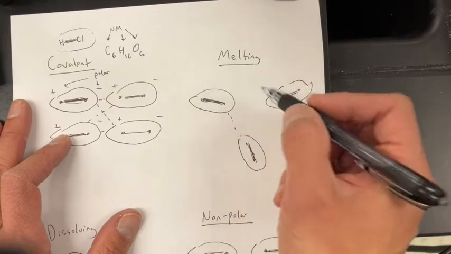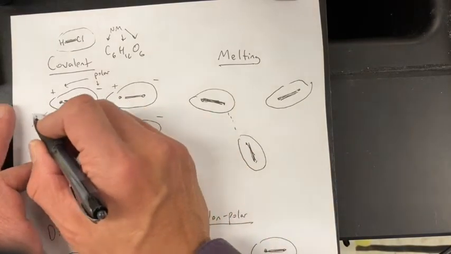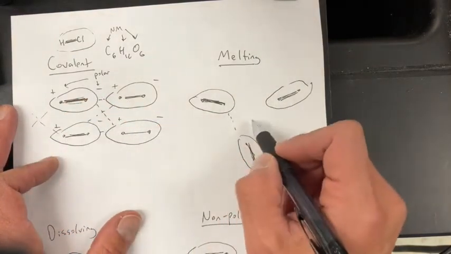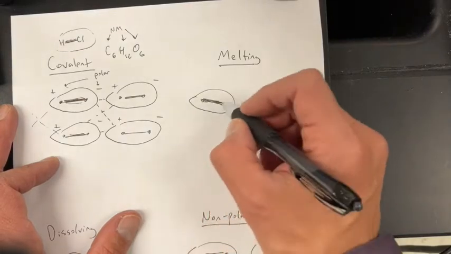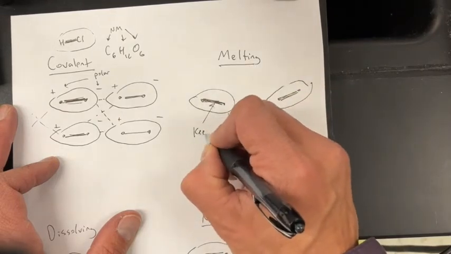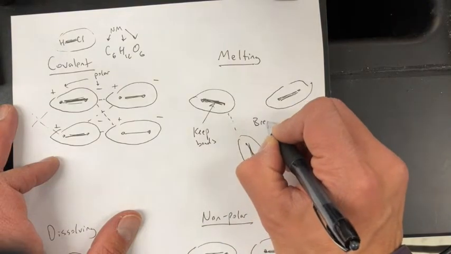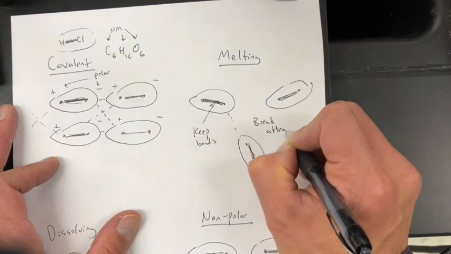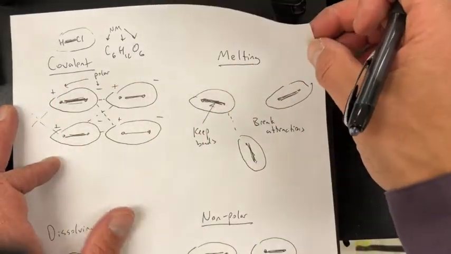But remember, liquids have some attractions, but not as many as a solid. Solids have lots of attractions. It's got attractions everywhere. Here, I'm going to have some attractions, but the bonds stay. So when I melt a covalent substance, you keep the bonds, but we break attractions. Okay, so melting a covalent substance: keep bonds, break attractions.